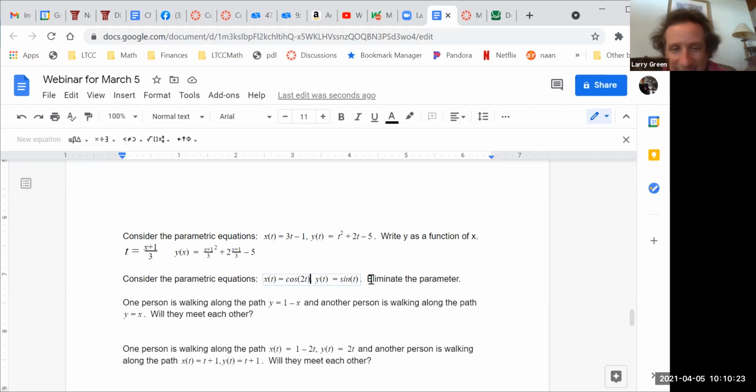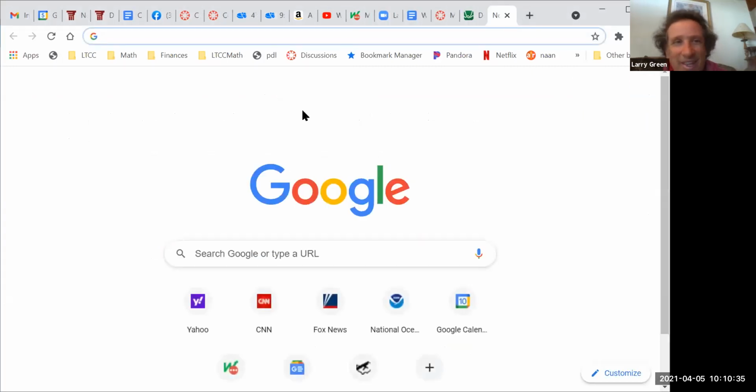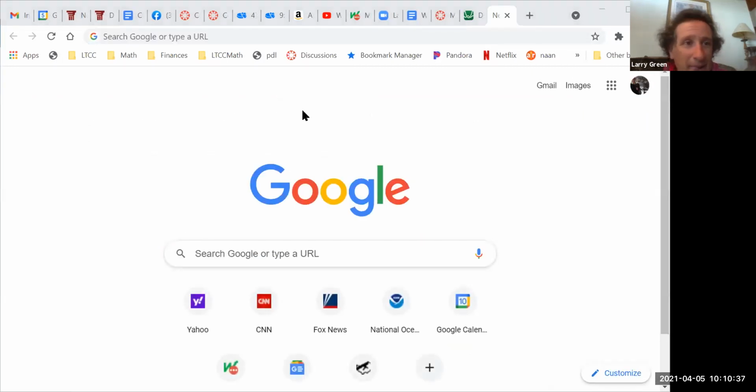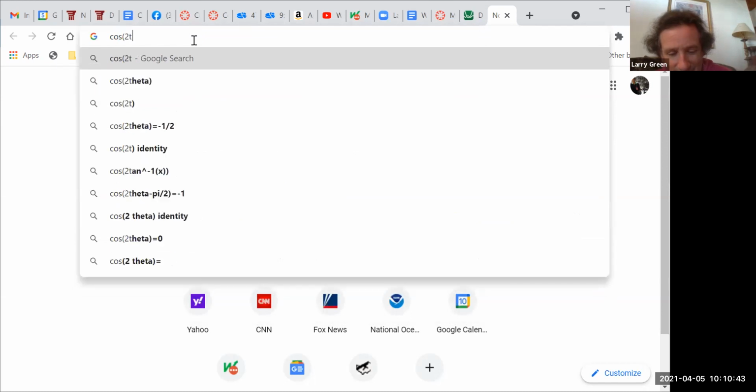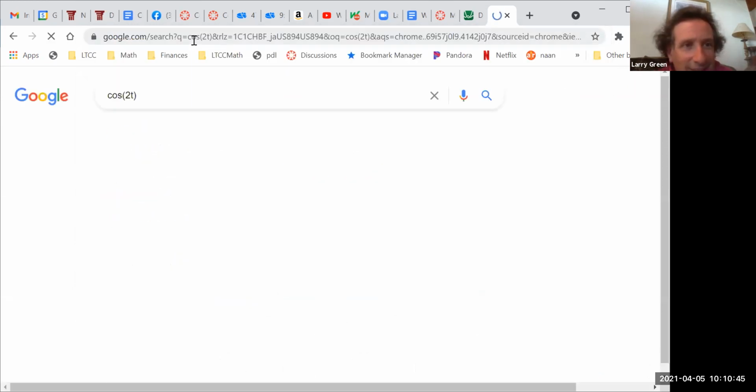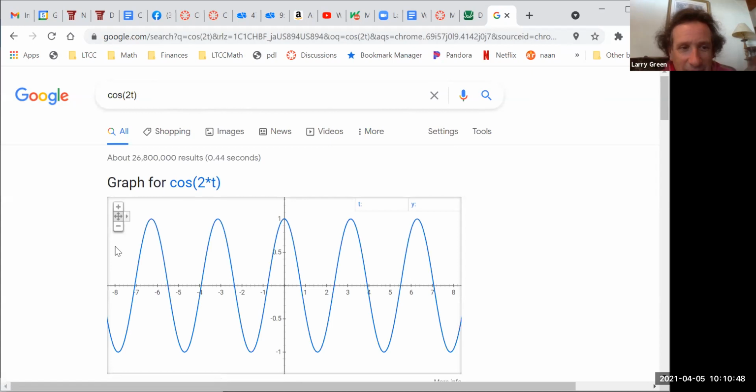What's cosine of 2t? Who remembers? If you don't, we'll do this just for fun. Let's see, it always gets it. Google's smart.